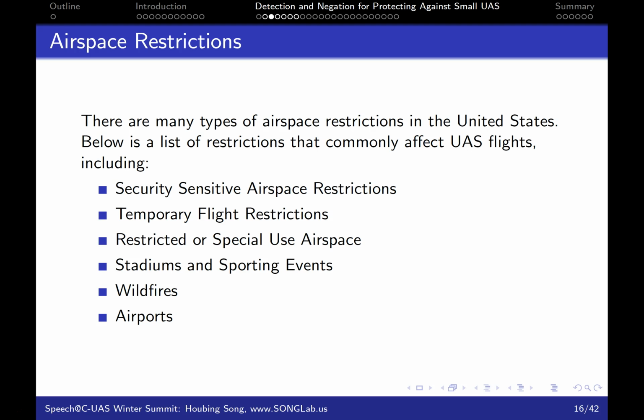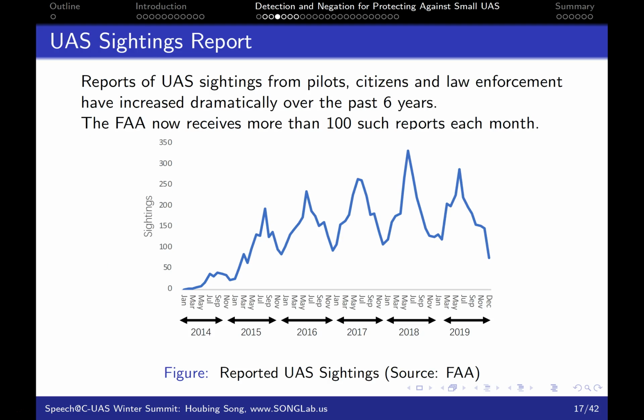wildfires, airports. So here, according to the Federal Aviation Administration, the reports of UAS sightings from pilots, citizens, and law enforcement have increased dramatically over the past 6 years. So now, FAA receives more than 100 such reports each month.